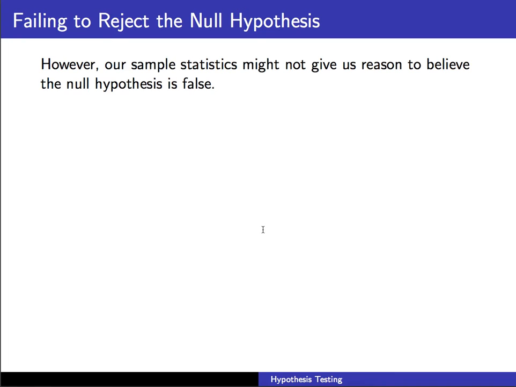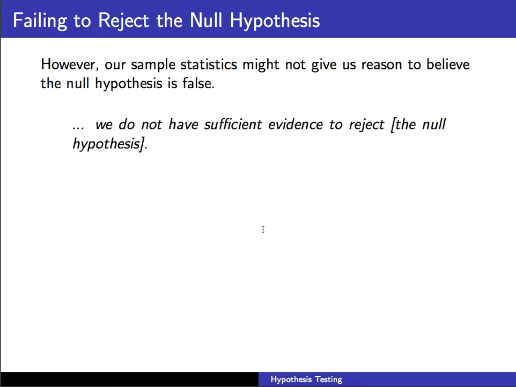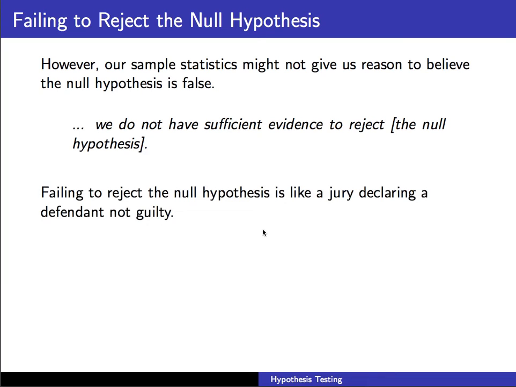So we may believe it's true based on our sample statistics, but we frame this one in the form of: we do not have sufficient evidence to reject whatever the null hypothesis is, or based on the results of the sample we took, we cannot reject whatever the null hypothesis is. Again, looking at what we did in our last video where we identified the null hypothesis, failing to reject the null hypothesis is like a jury declaring a defendant not guilty.